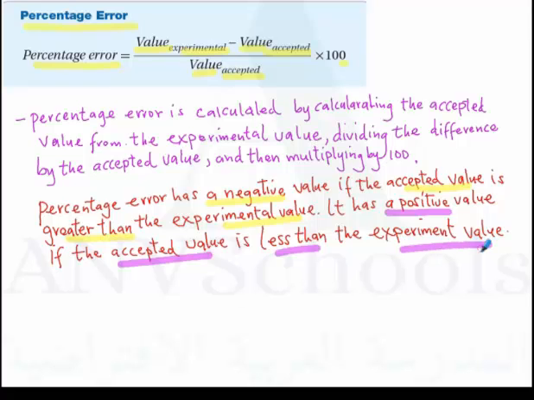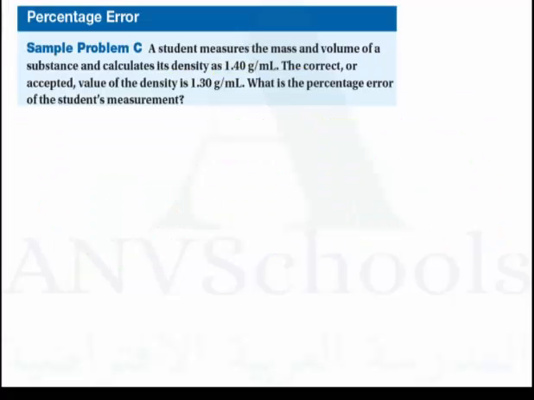So let's look at one example and see how it goes. This is sample problem C. A student measures the mass and volume of a substance and calculates its density as 1.4 grams per milliliter.